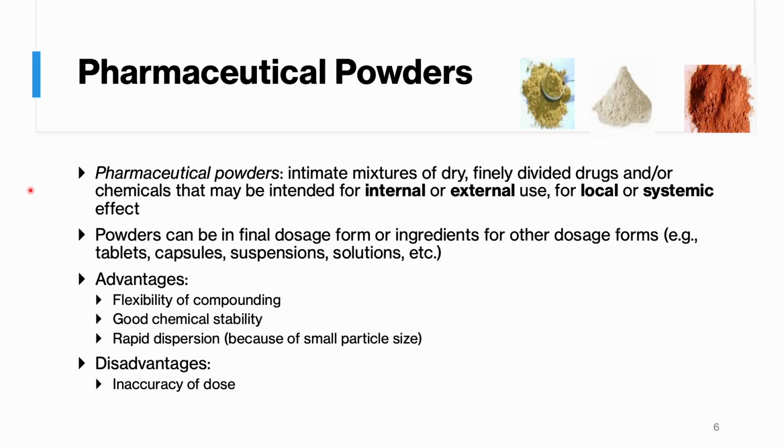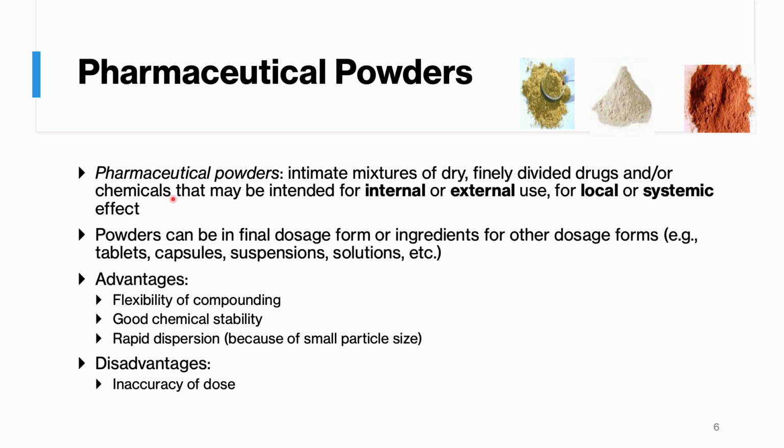Powder is one of the primary ingredients to make other dosage forms, or it can also be used as a medicated powder. That means it's used directly as a medicine.